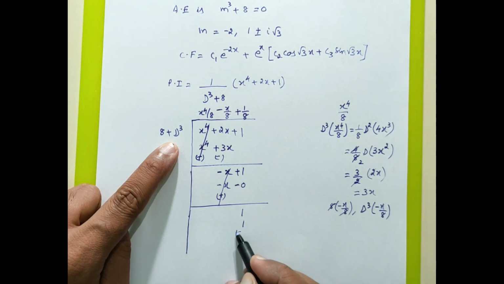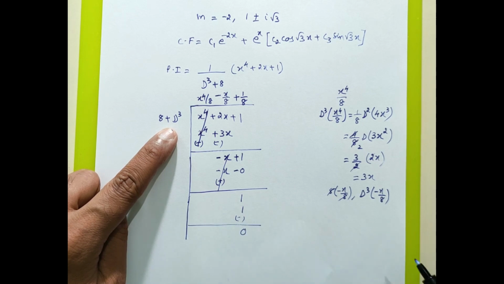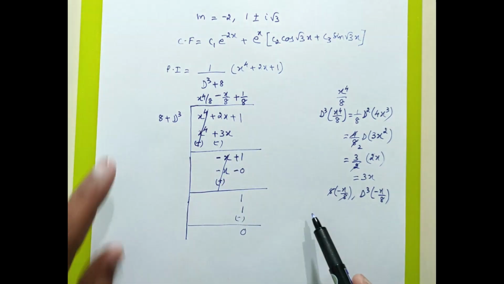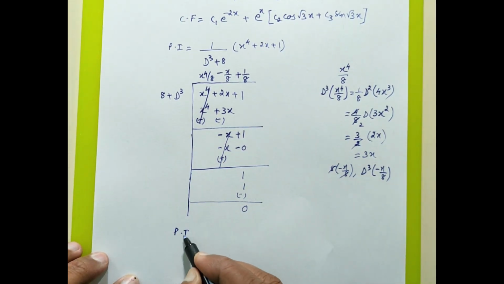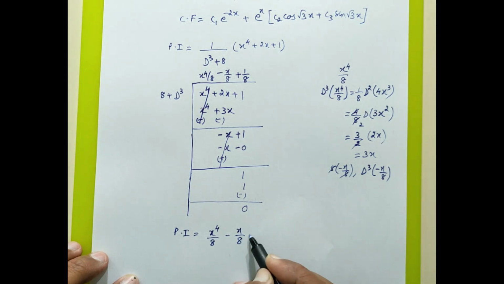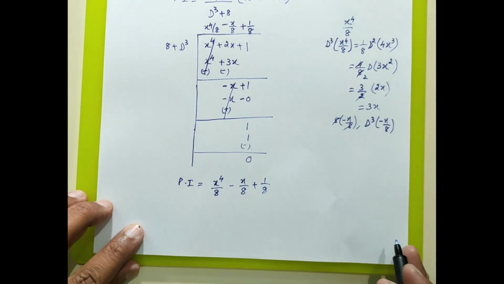Now if you subtract this one, 1 minus 1 will give you 0. So therefore this expression will be nothing but the particular integral. So we have the particular integral equal to x^4/8 - x/8 + 1/8. This is the particular integral.